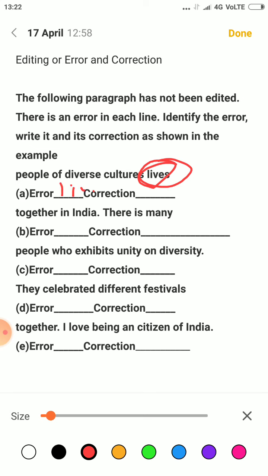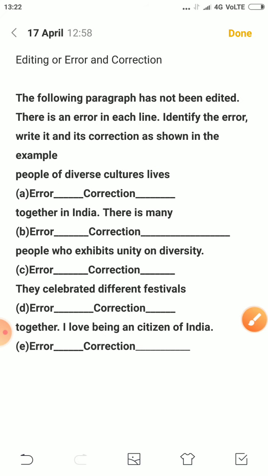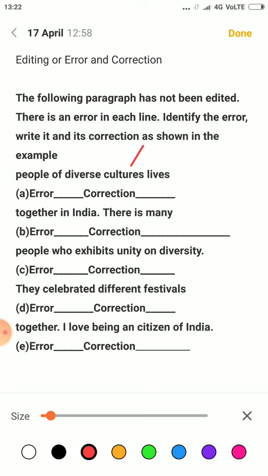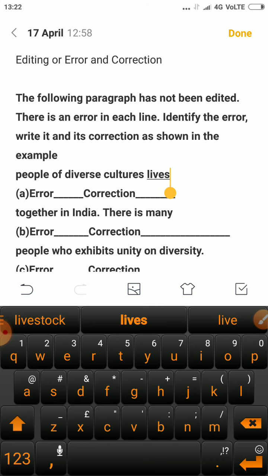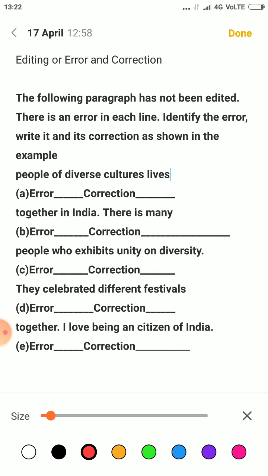Lives is the error here. Again I'm telling you, I'm making it quite bigger so it is easy to understand. No problem. So we come here and try to solve.